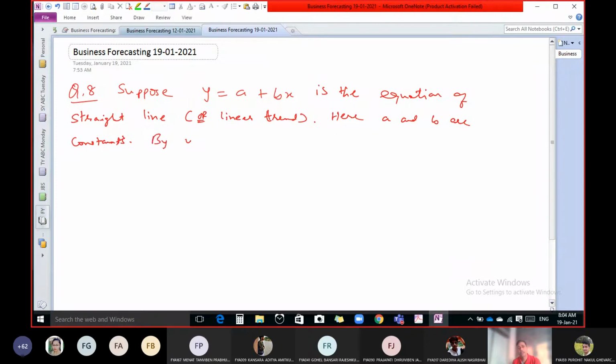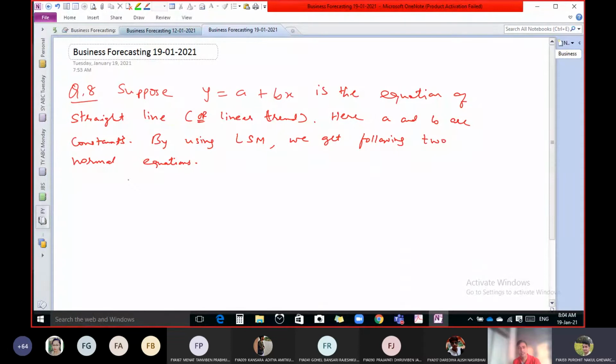By using the least square method that we already discussed in our previous lecture, we get the following two normal equations. Do any of you know the two equations?